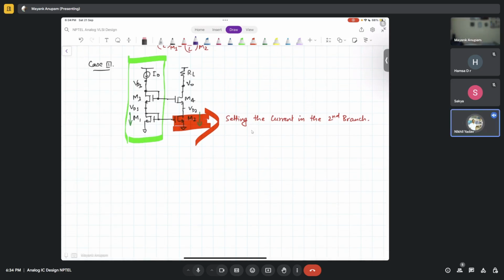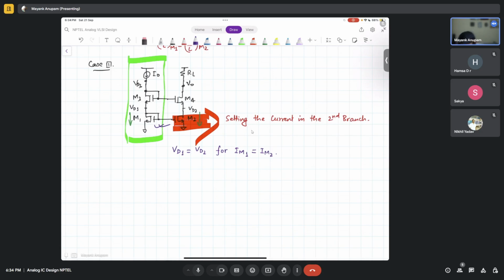Gate voltage and drain voltage. Gate voltage is same, right? Yes. So drain voltage has to be same, right? I am calling the current in M1 to be IM1 and the current in M2 to be IM2.